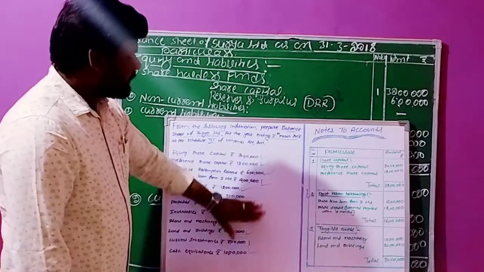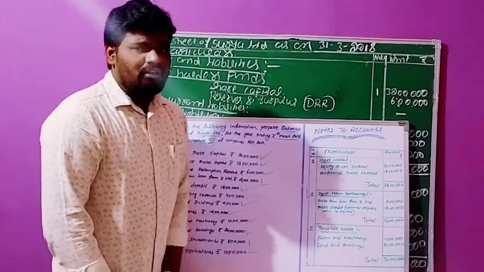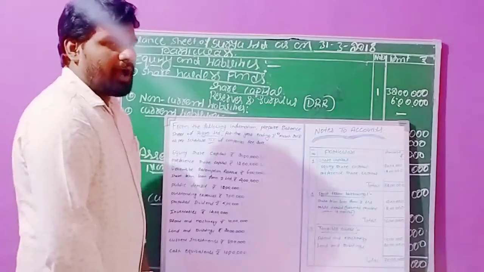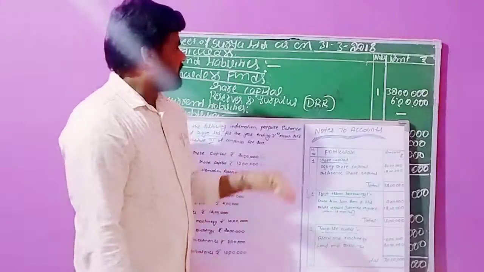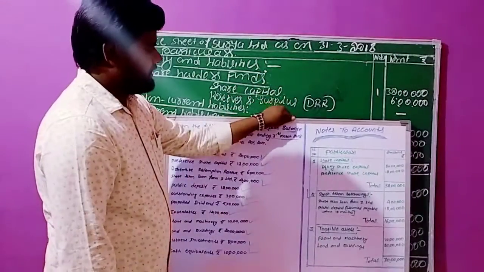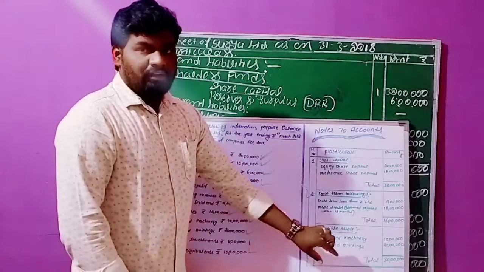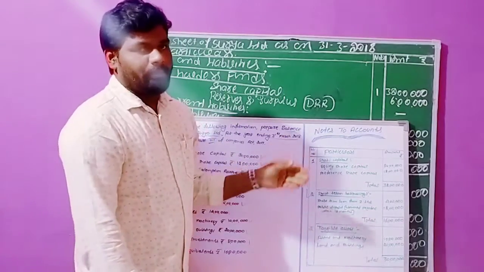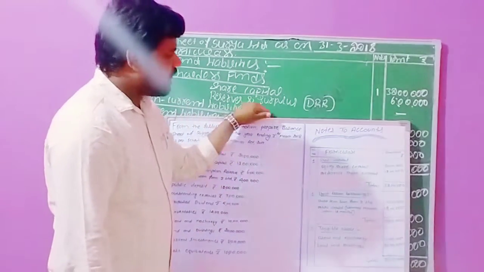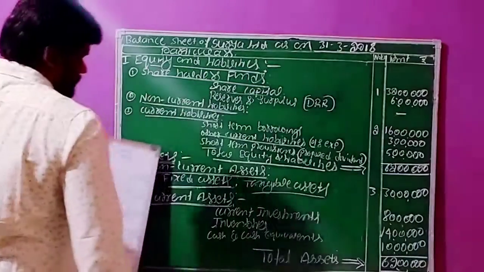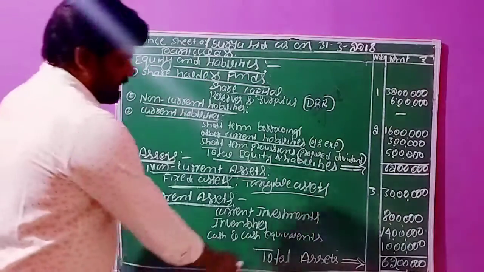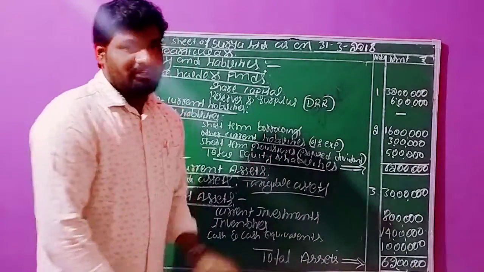For this balance sheet we have 3 working notes. Working notes are a must and need to be prepared at the time of preparation of the balance sheet. So this is the solution regarding the preparation of the balance sheet.